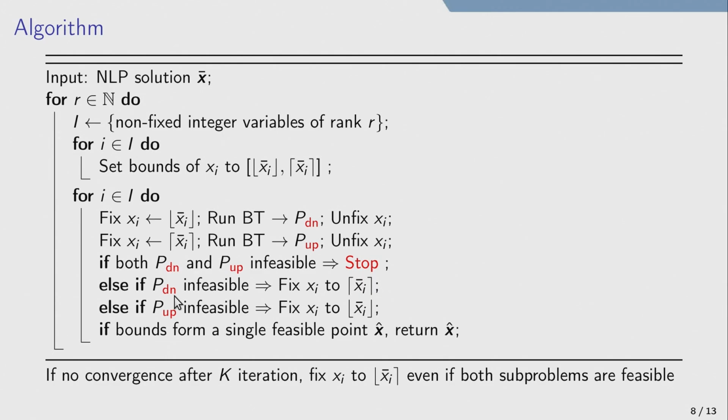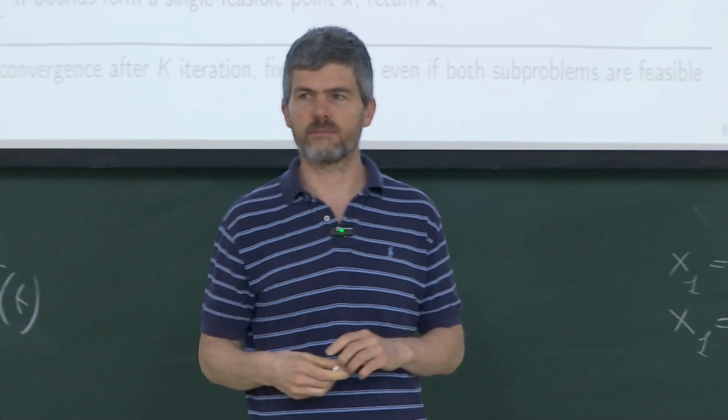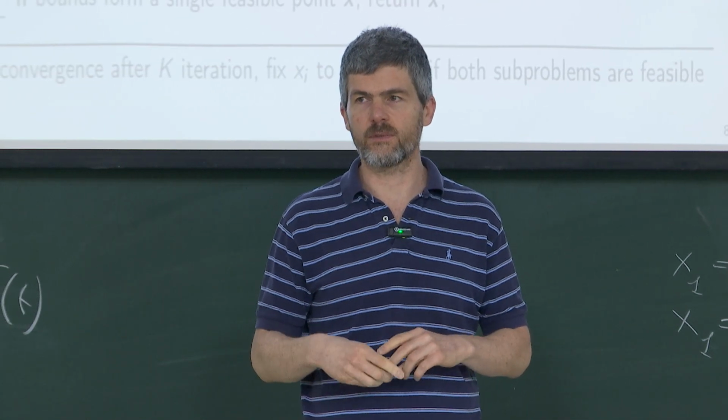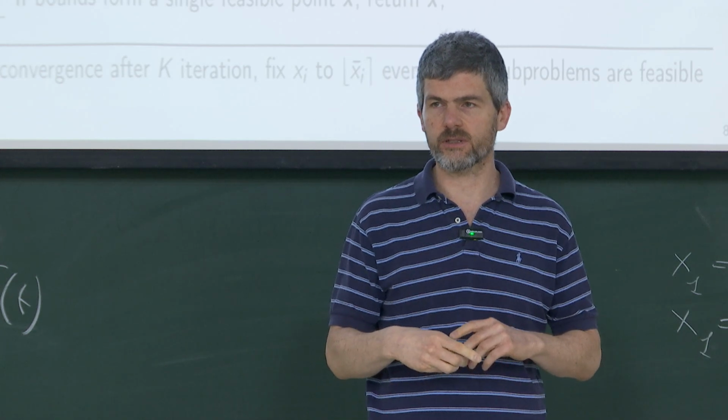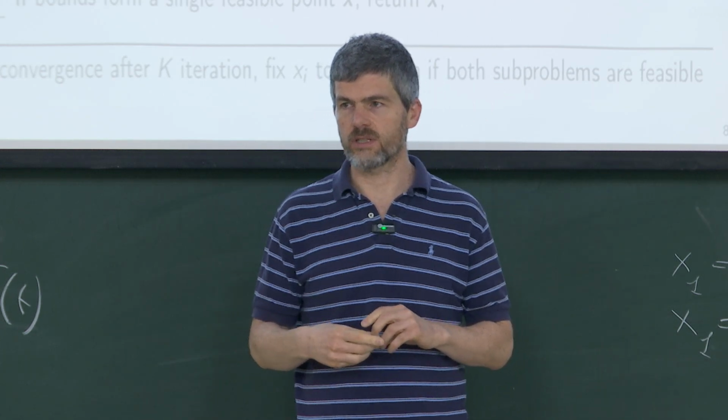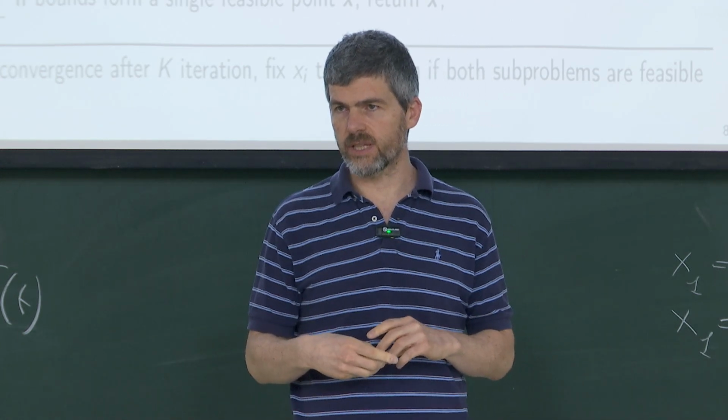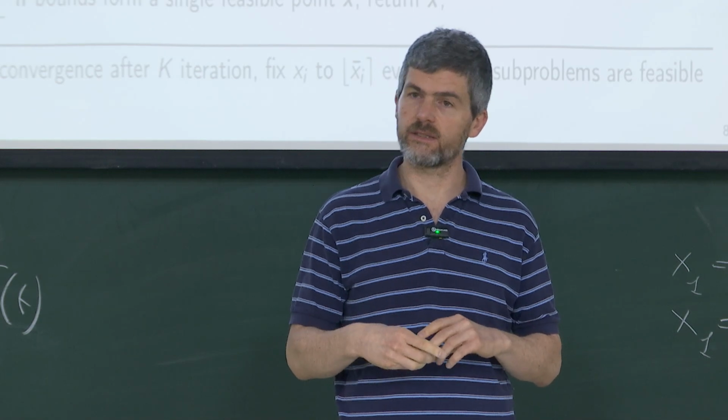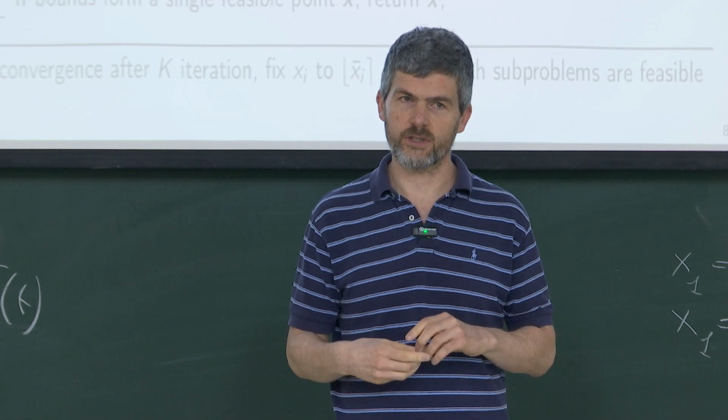However, if one of them is infeasible, obviously you fix the variable to the opposite rounding. And even better, if during this bound reduction you manage to limit the bounds so much that all of the non-fixed integer variables return an integer solution, it might actually be an integer solution and a feasible solution for the nonlinear problem.